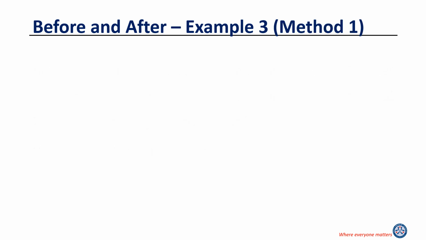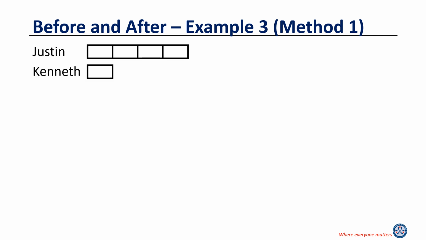We can look at the problem from a unitary perspective and solve it using model drawing. In order to minimize confusion, we look at the after situation when Kenneth had 25% as much money as Justin had left. This translates to Kenneth having 1 unit and Justin having 4 units, or Justin had 4 times as much money as Kenneth, depicted in the model drawing.